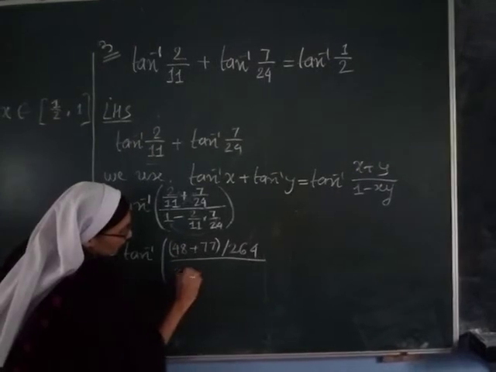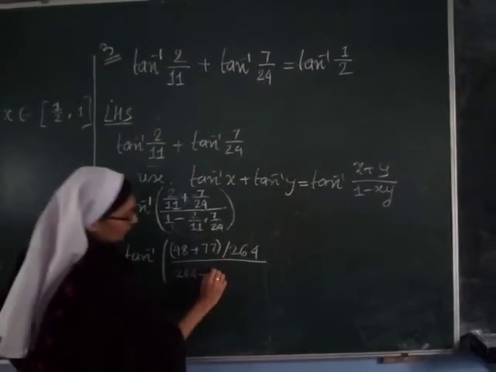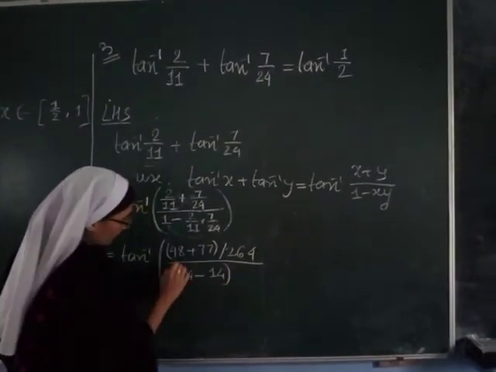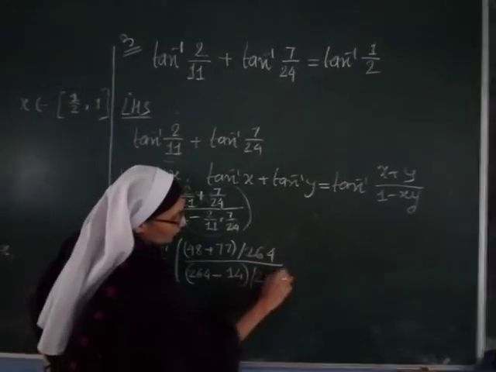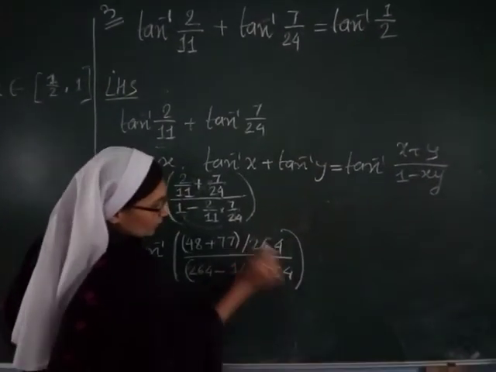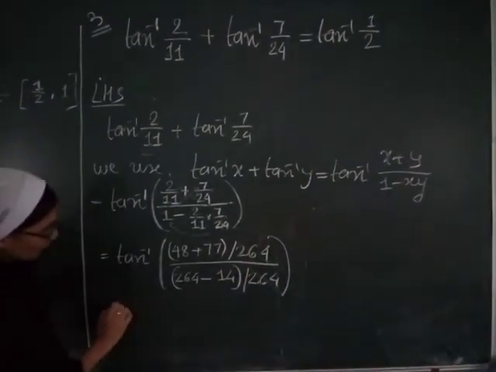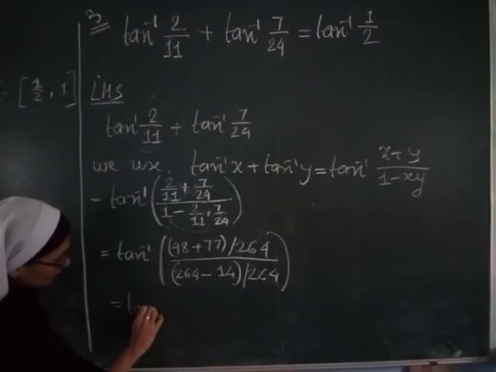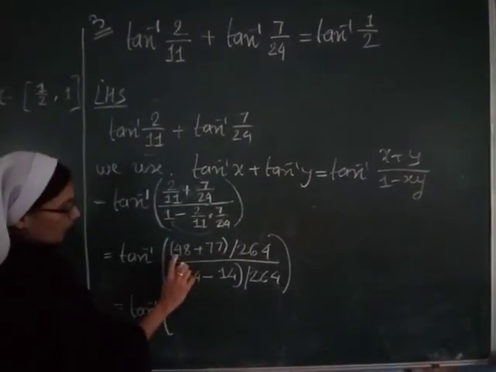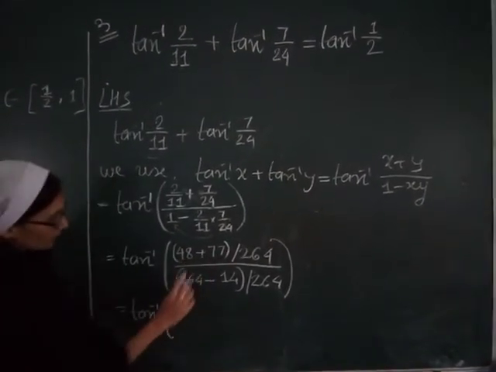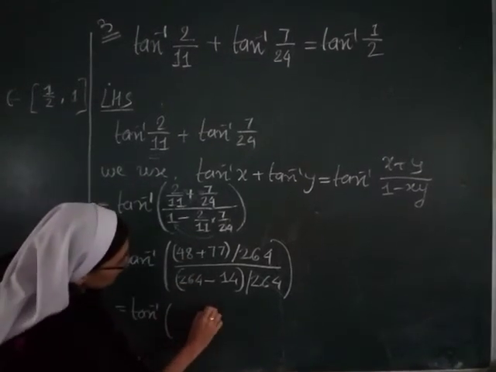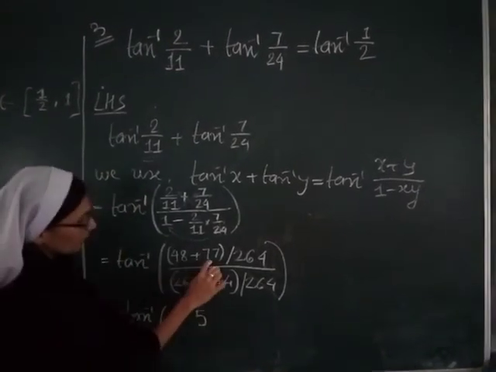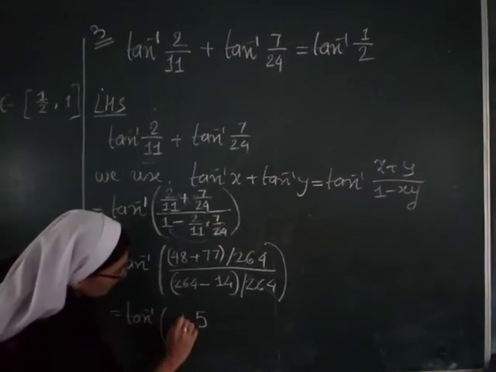So 264 minus 2 into 7 which is 14, and the denominator will be 264, which will cancel with the numerator. So this and this will cancel. So what you get is tan inverse, add these two: 48 plus 77 is 125.